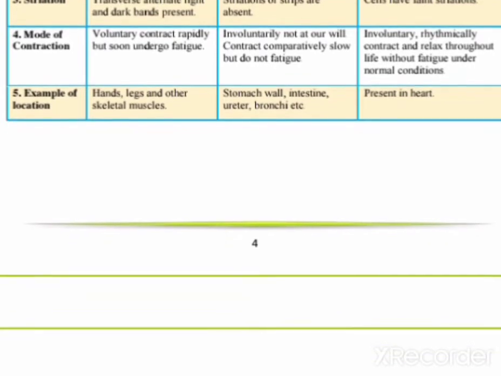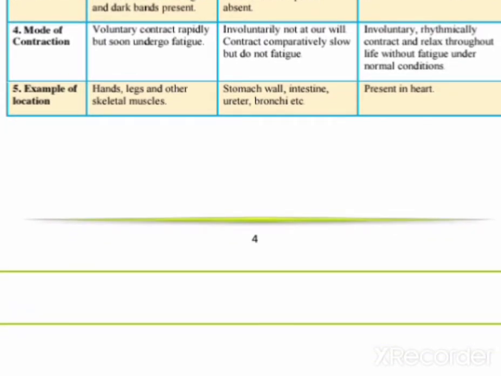Now the second point, the nucleus. Striated muscle is multinucleated, meaning a larger number of nuclei are present. But in unstriated muscle, only one nucleus is present. In cardiac muscle, each cell contains one or two nuclei situated in the center.